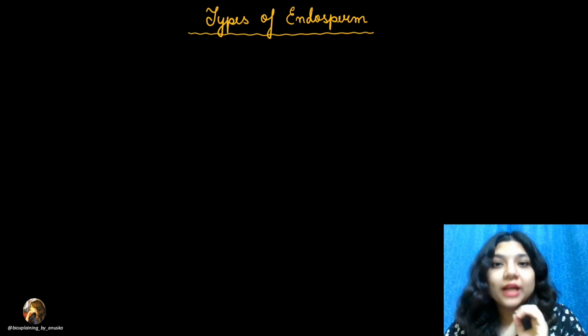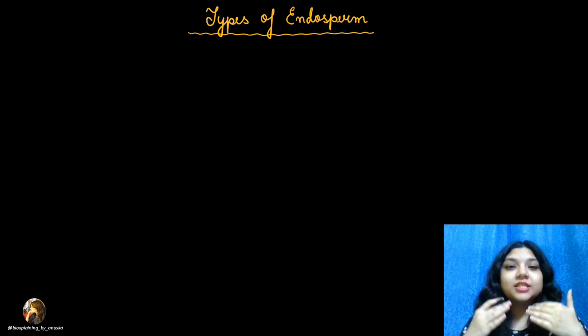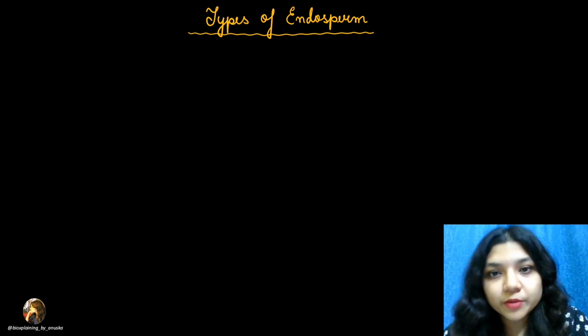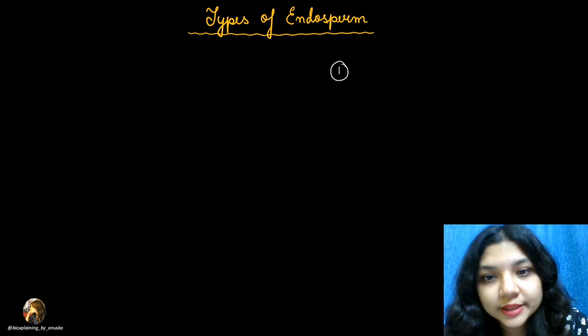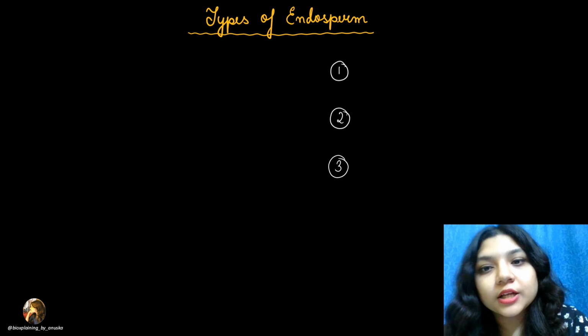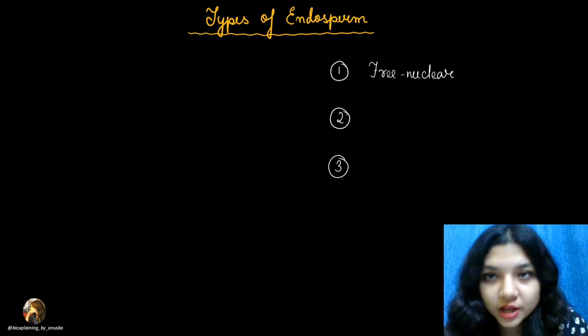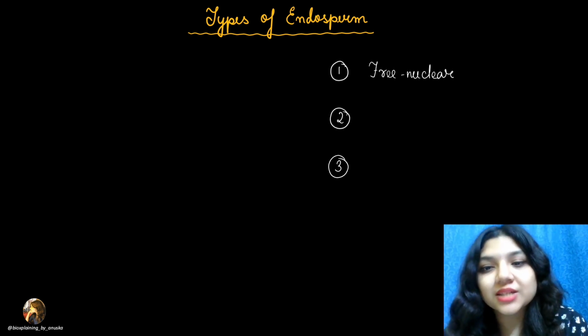Now, there are different types of endosperm. What are the different types of endosperm? There are predominantly three types. The first type is free nuclear, which I have just given you a very brief idea of. I'll be talking about it in detail.